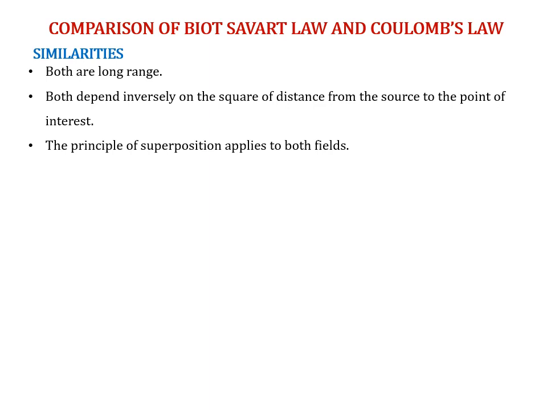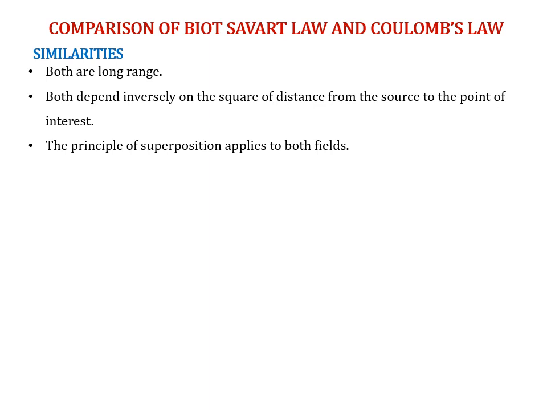Means field is a long range one. It extends up to a very large distance. Both the fields are inversely proportional to square of distance. Okay. And also the principle of superposition can be applied to both the fields. So these are some of the points of similarity between the two, that is magnetic field and electric field.